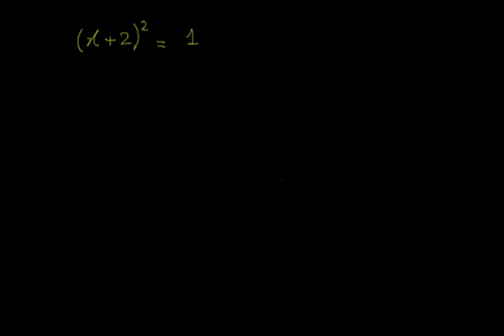Now let's see another example. So what can we do at this point? First we remove the square. So for this we take the square root on both sides. So this square cancels with this square root and it becomes x plus 2. And our right hand side is 1 with positive and negative sign. Now we isolate the value of x, so we move this term to this side. So it becomes.